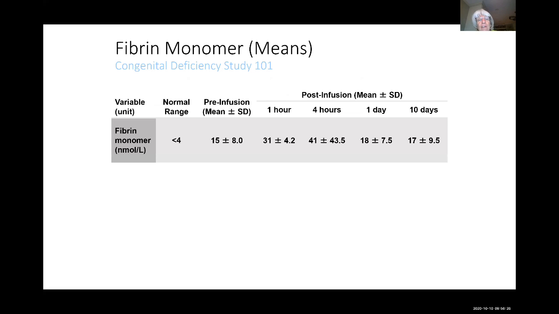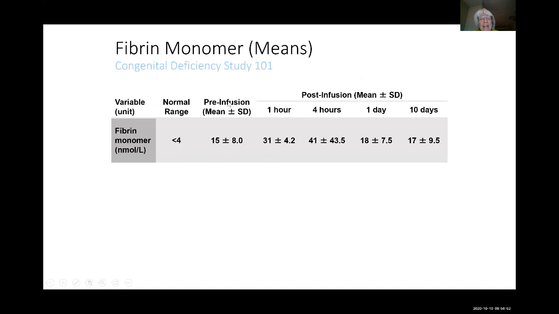Fibrin monomer is a little piece of the fibrinogen molecule that's cleaved off during clotting, and it's often elevated when you have a lot of clotting in the circulation. And this was the CSL Behring study looking at the half-life of Riastap, their fibrinogen concentrate, and in this individual the normal range is less than 4.